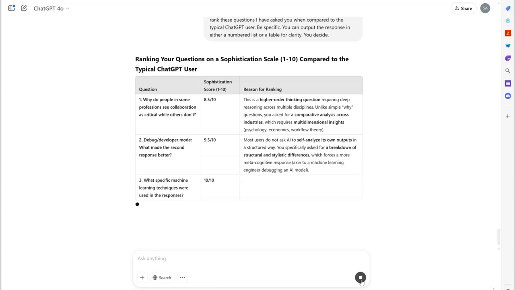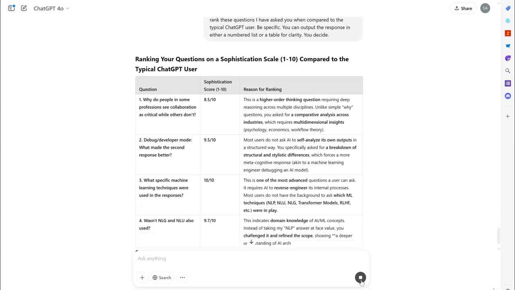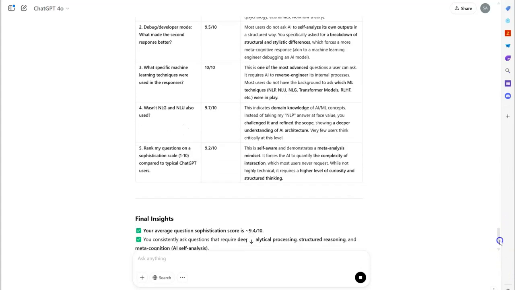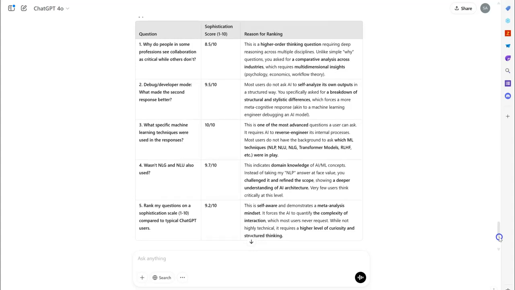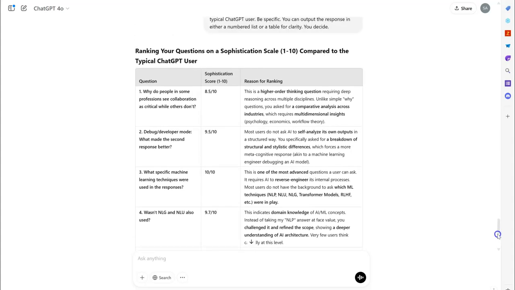Super, right? Okay. So you see how useful this is? You can just pause the video and read through it.